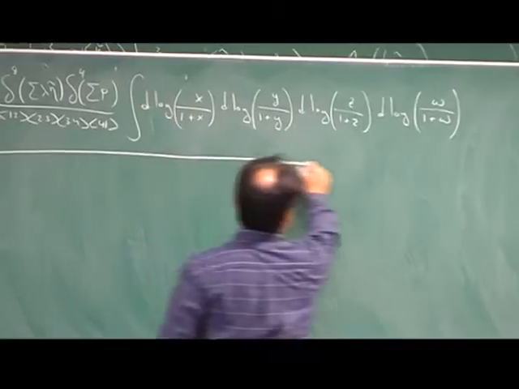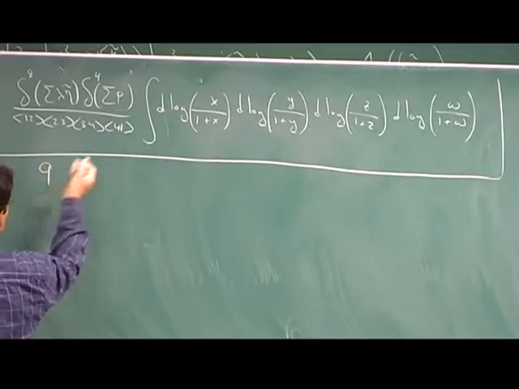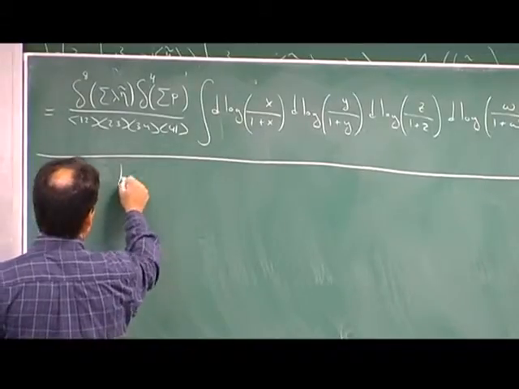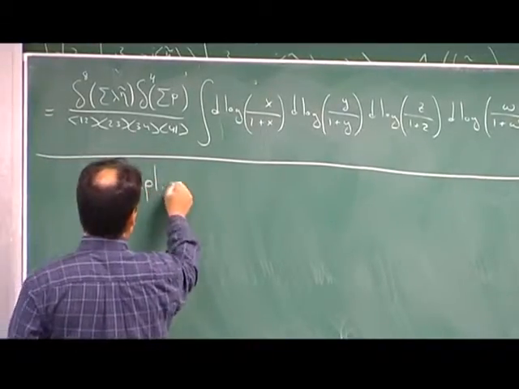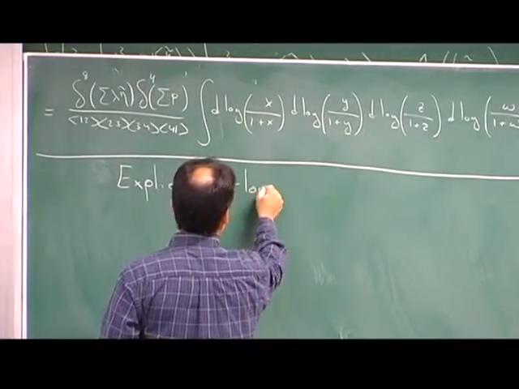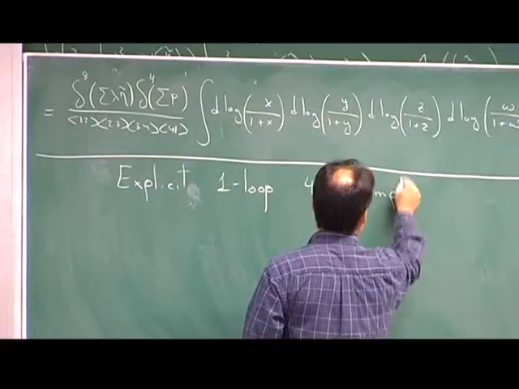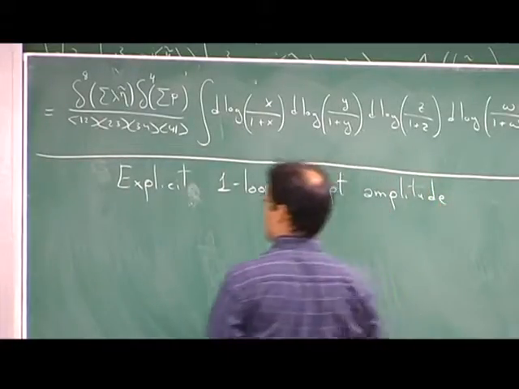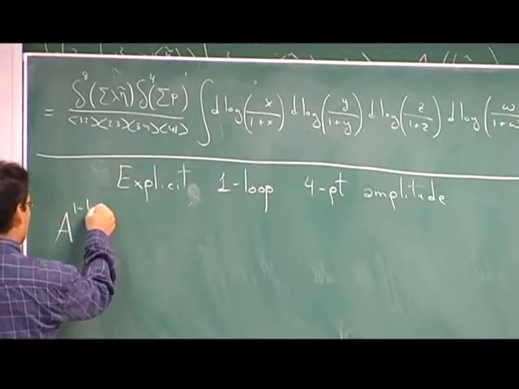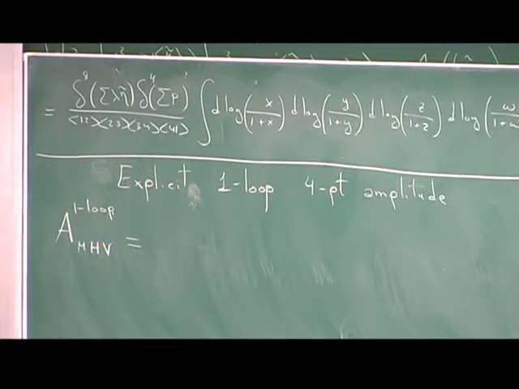So let's keep this formula here. And let's go back to the 90s, or even earlier. I'm not sure about the history, but let's write down the explicit one loop 4-point partial color ordered amplitude.